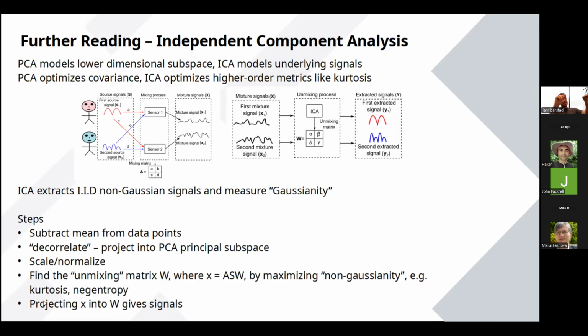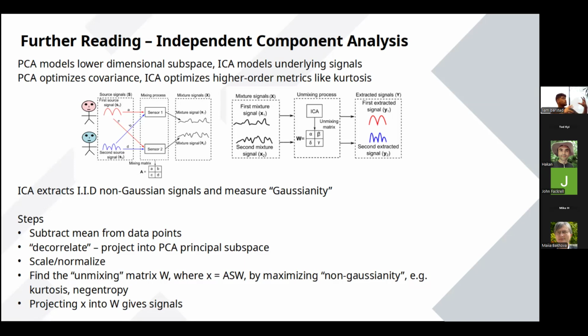It's basically the tails of your distribution, and it's a measure of how non-Gaussian it is. So you're maximizing how non-Gaussian this is, how strange it is, to get these signals. I just thought that was an interesting way to look at it.